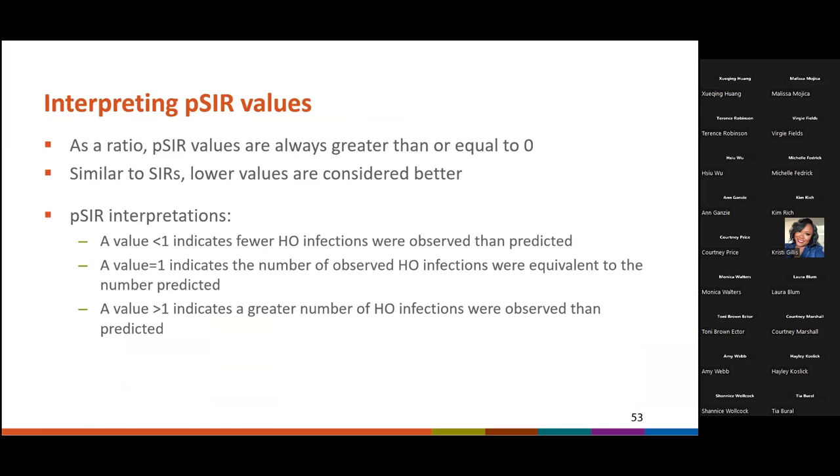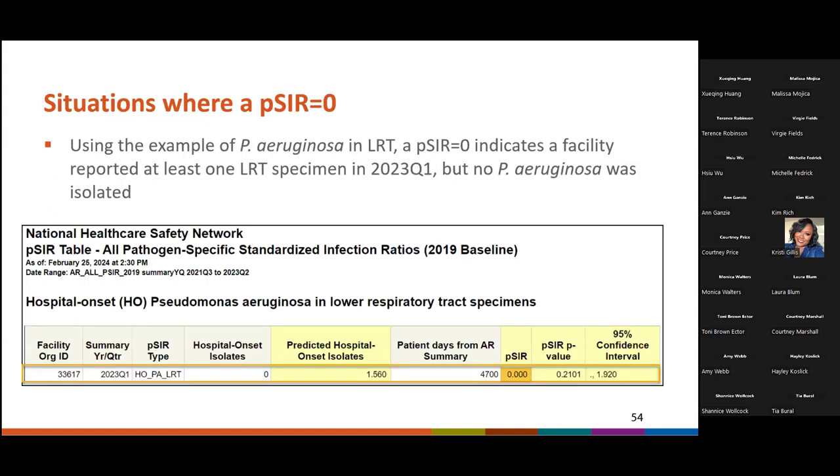And then a pSIR value greater than 1 indicates a greater number of hospital onset infections were observed than predicted. Using the example of Pseudomonas aeruginosa in lower respiratory tract specimens, a pSIR equaling 0 indicates a facility reported at least 1 lower respiratory tract specimen in 2023 Q1, but no Pseudomonas aeruginosa was isolated.